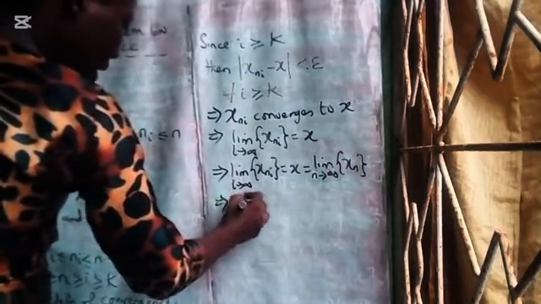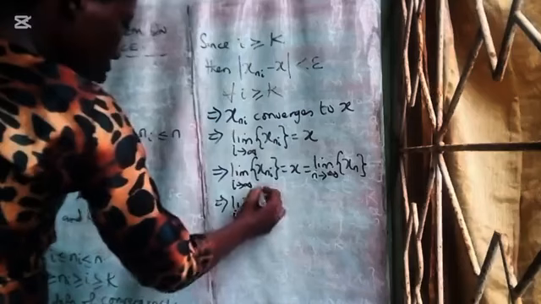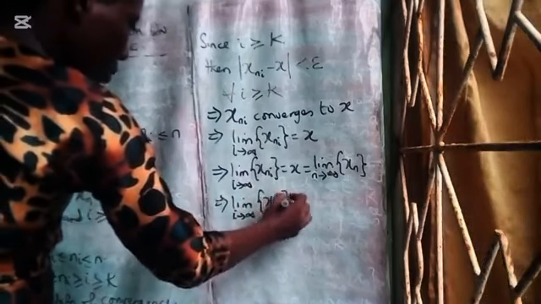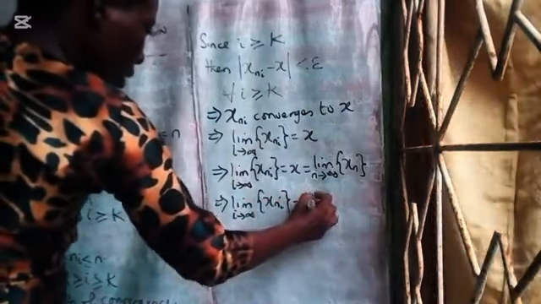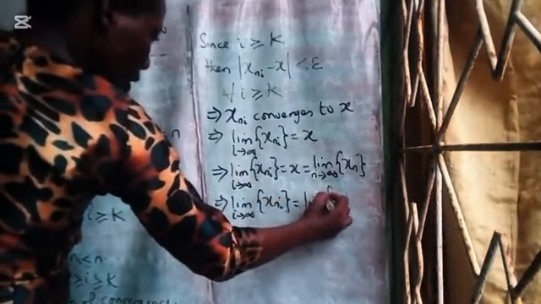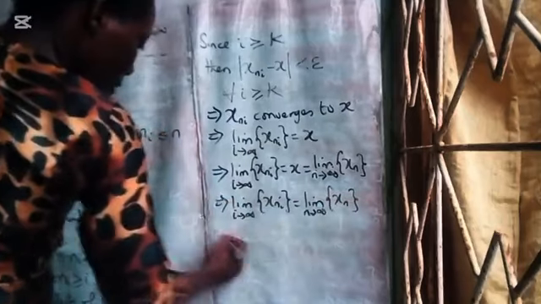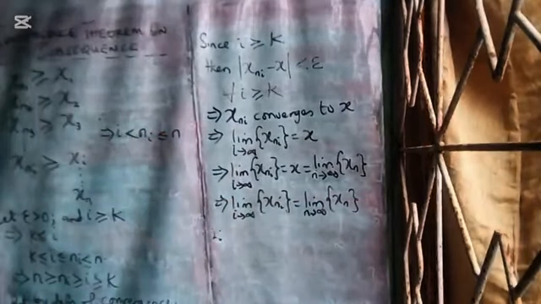Therefore, the limits are the same. Limit as i tends to infinity of x of ni is equal to the limit as n tends to infinity of x of n.